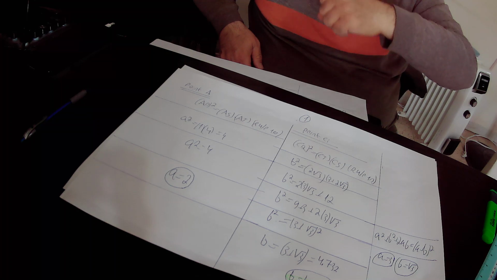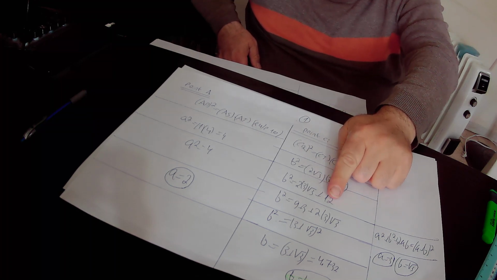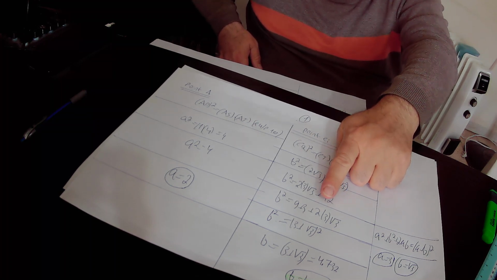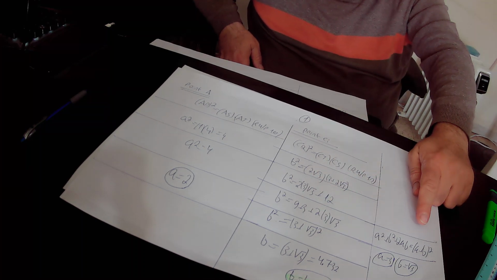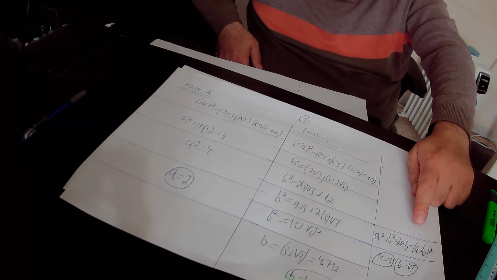So 9 plus 3 plus 2 times 3 times square root of 3 equals 3 plus square root of 3 squared, according to the identity a squared plus b squared plus 2ab equals a plus b squared.